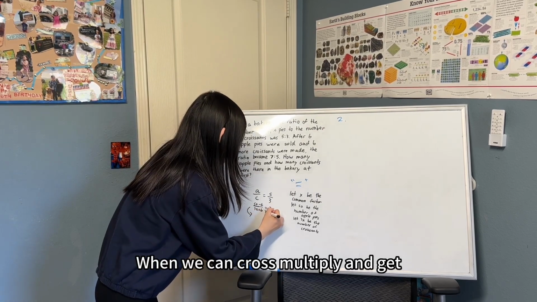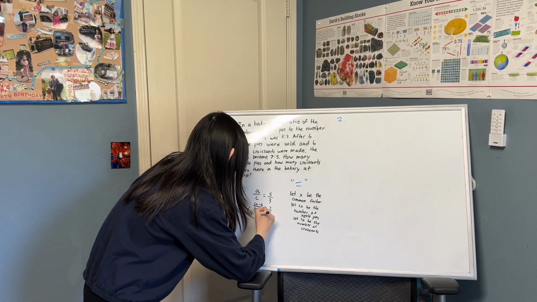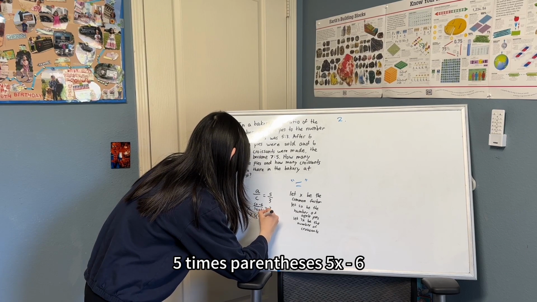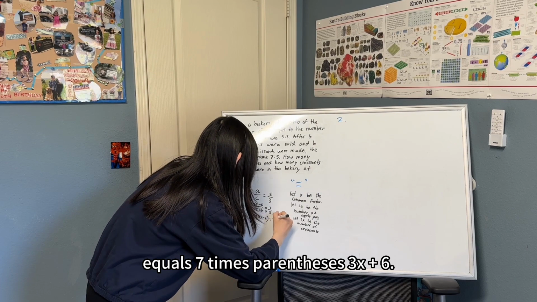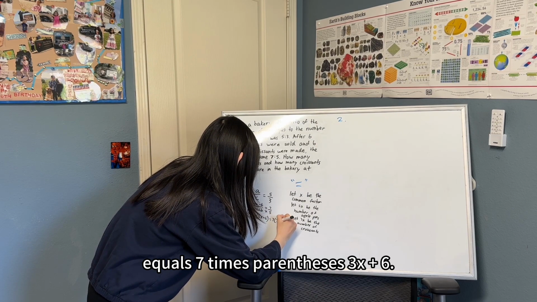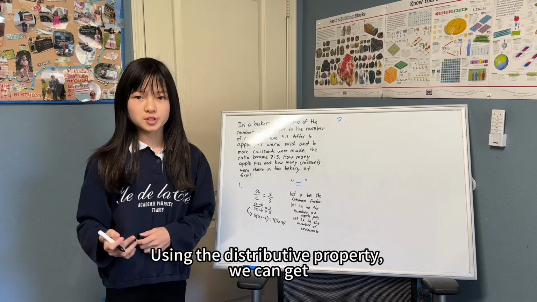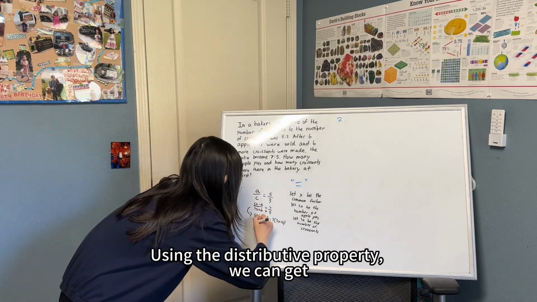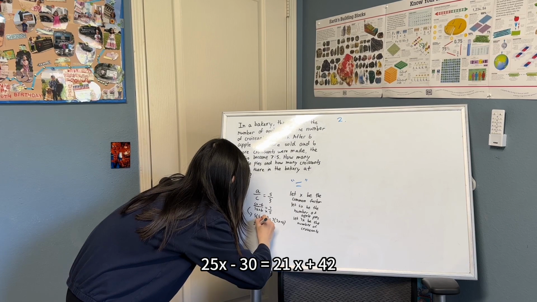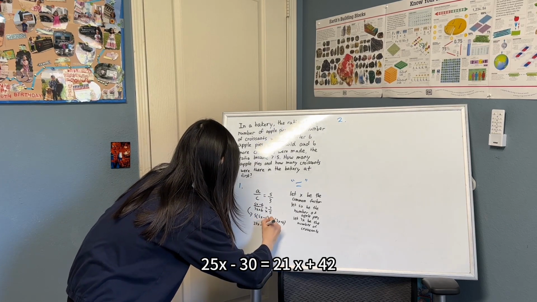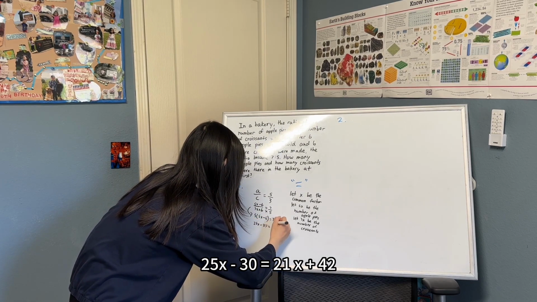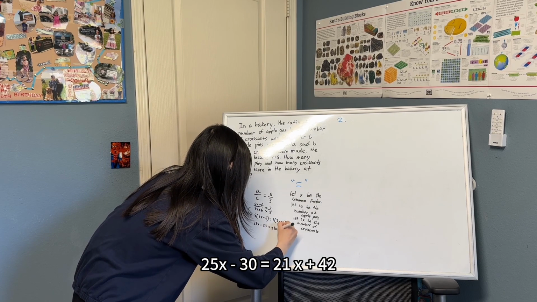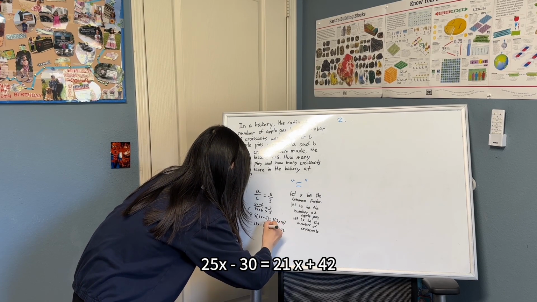We can cross multiply and get 5 times (5x minus 6) equals 7 times (3x plus 6). Using the distributive property, we can get 25x minus 30 equals 21x plus 42.